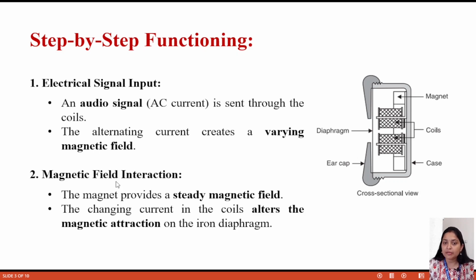There is also a permanent magnet, which produces a static magnetic field. Due to the interaction of this static magnetic field and the varying magnetic field, the diaphragm is continuously attracted and repelled, so the diaphragm continuously moves, and due to this movement and pressure, sound waves are produced.